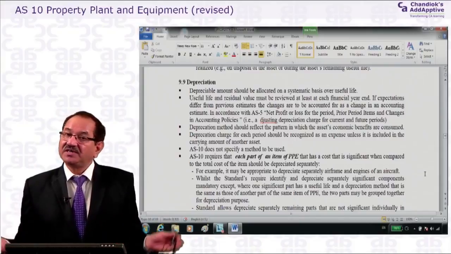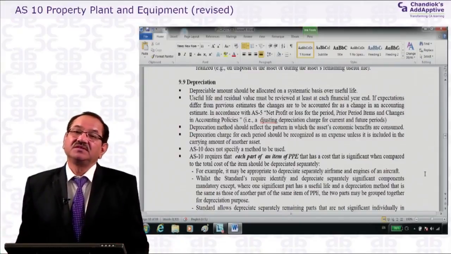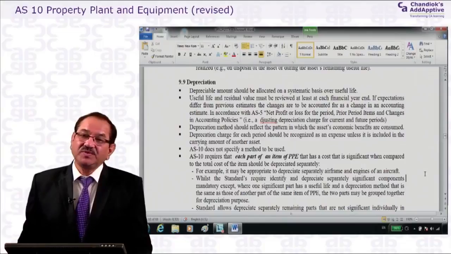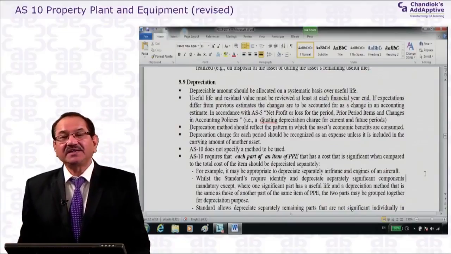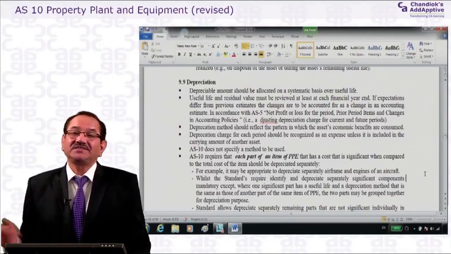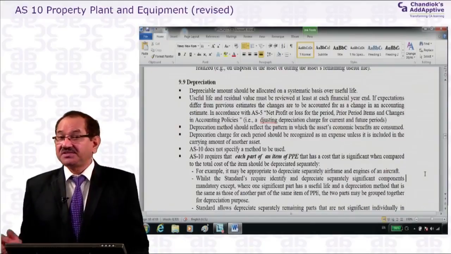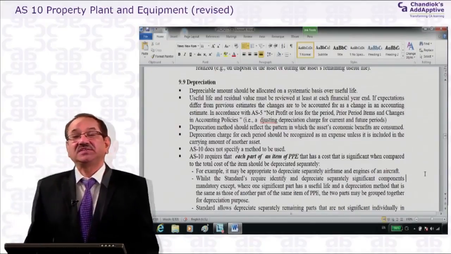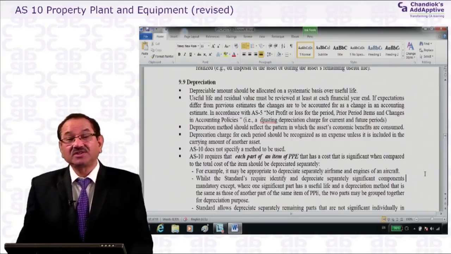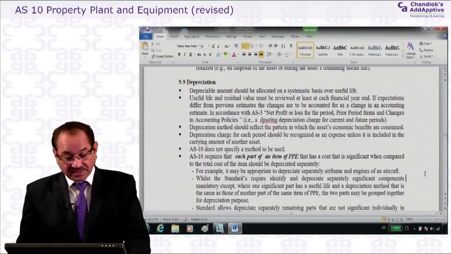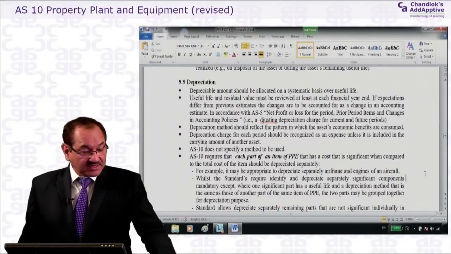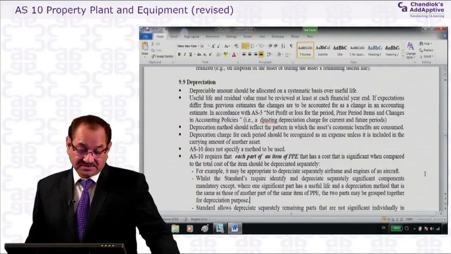For 1 lakh, you divide by 5 years. So depreciation will be 9 lakhs divided by 10, 90,000, plus 1 lakh divided by 5, 20,000. Depreciation will be 1 lakh 10,000 in the first year. That's the way component based depreciation has to be provided. So that is what this standard says.